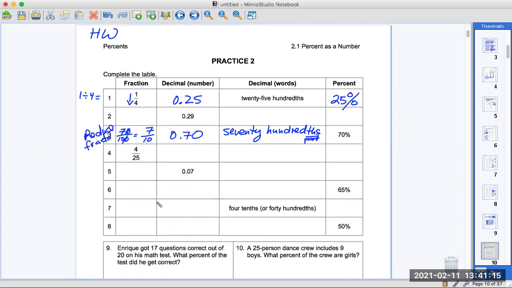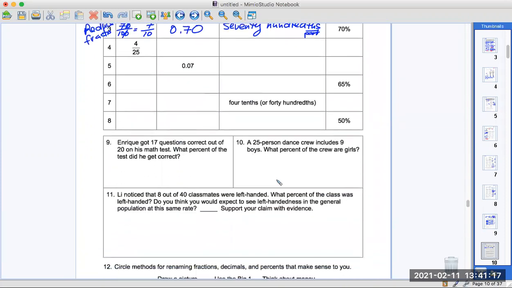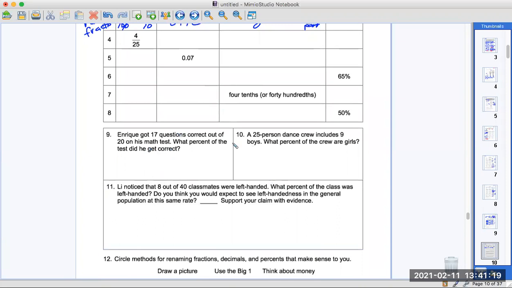So you're going to fill the rest in, and then down here, interestingly enough, I think I'll do number 10. A 25-person dance crew includes 9 boys. What's the percent of girls? So 9 boys. How many girls? 25 minus 9, you have to subtract that. 16 girls.